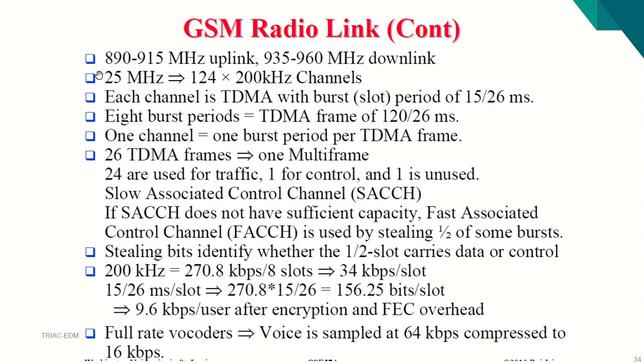And 25 megahertz is 124 multiplied by 200 kHz channels. So it has 124 channels, each with 200 kHz. Each channel is TDMA. Remember the time division that we mentioned before?